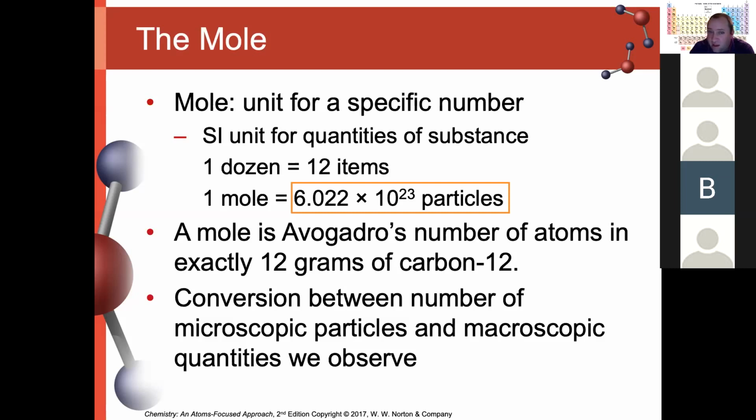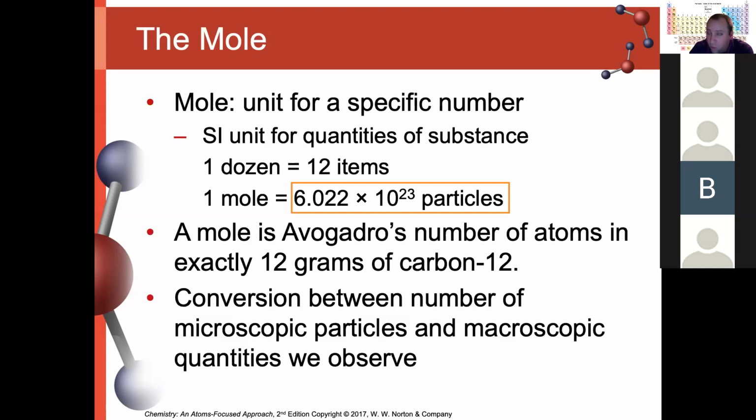That is, it is that many atoms in exactly 12 grams of carbon-12. Remember, our AMU was defined by 12 AMUs of carbon-12 being the definition for a molecule. Well, now 12 grams of carbon-12 is the definition for a mole.